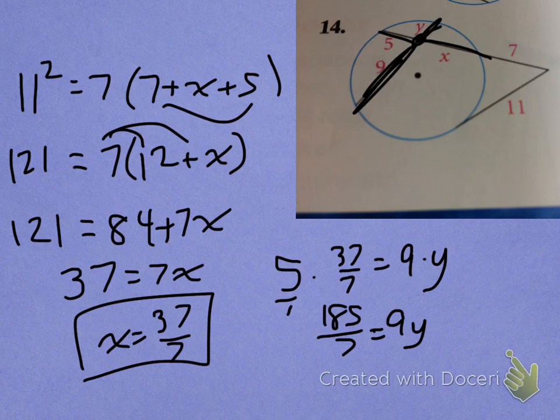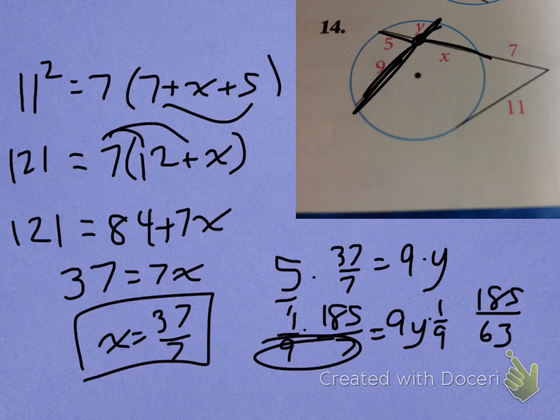Divide both sides by 9, and you get 185 over 63. If you don't know how I did that, another way, instead of dividing by 9, is just multiplying by 1/9. 9 times 7 is 63. And that's your answer. So y equals, barely fit in there, there you go, 185 over 63.